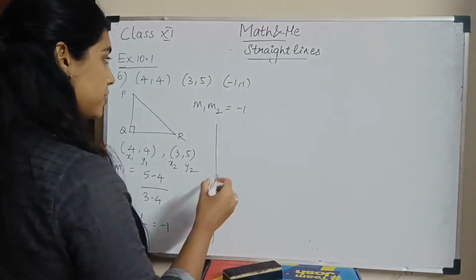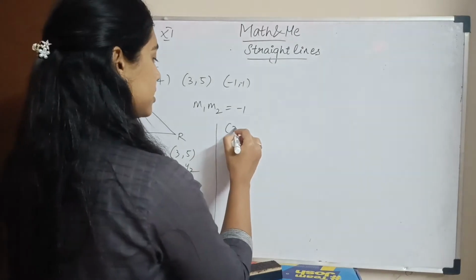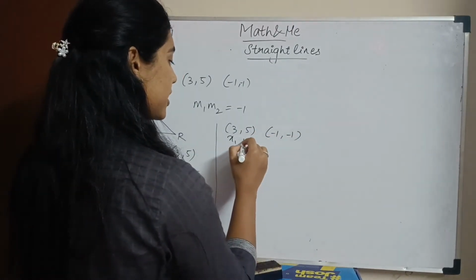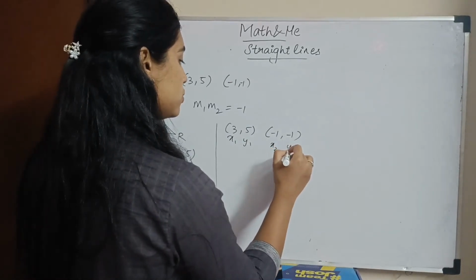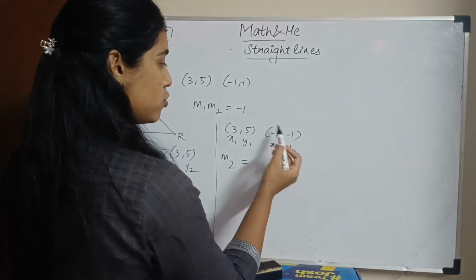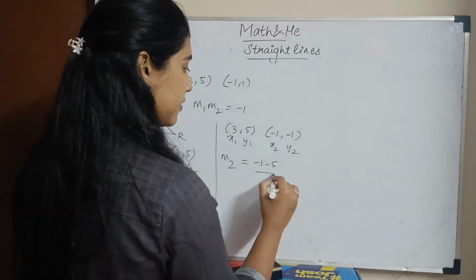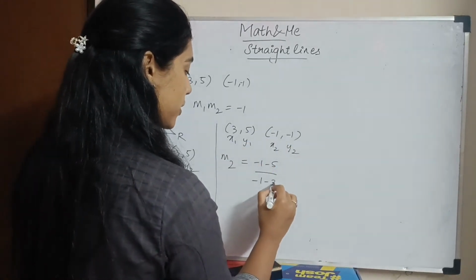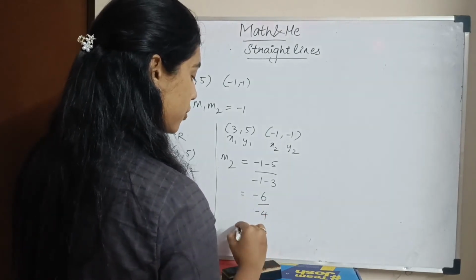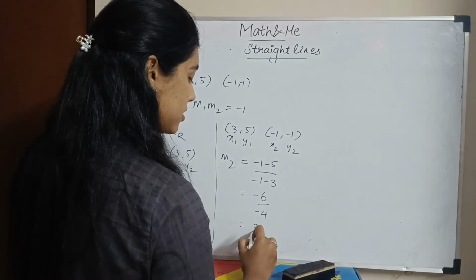What is the slope of the second 2 points? 3, 5 and -1, -1. So this is your x1, y1, x2, y2. So slope M2 equals y2 minus y1 divided by x2 minus x1. So you have -6 divided by -4, which is 3 by 2.